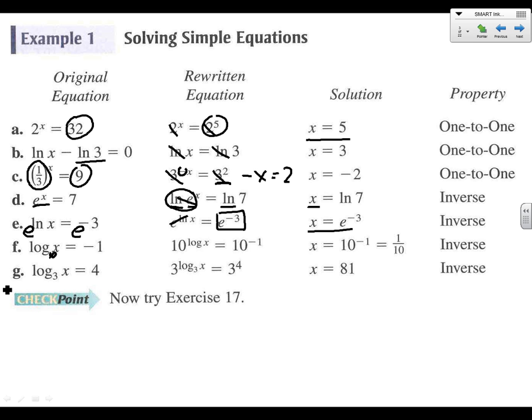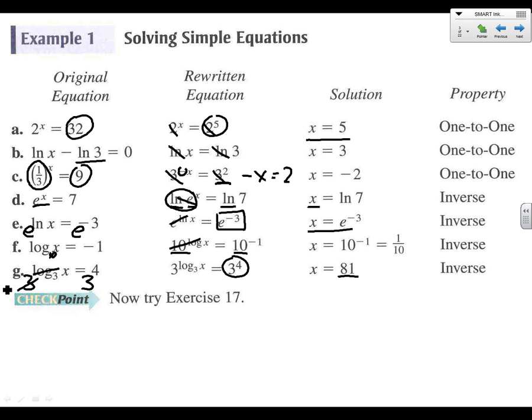So how do we cancel that out? We put 10 as our base. The 10 and the logs cancel, and so x equals 10 to the negative 1, or 1/10. And our last problem, we want to get rid of this log base 3, so we'll put a 3 as a base. These will cancel, and so x equals 3 to the 4th, which is 81.